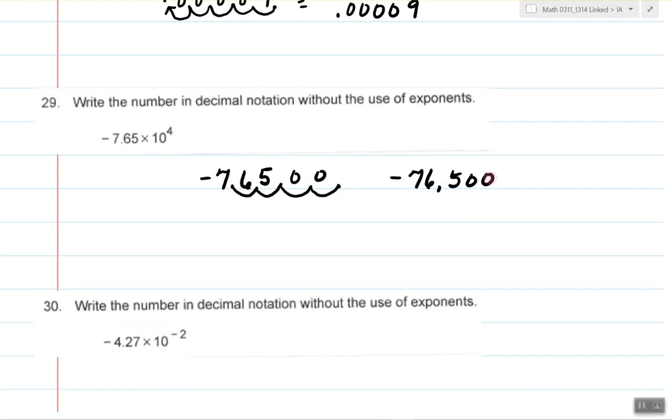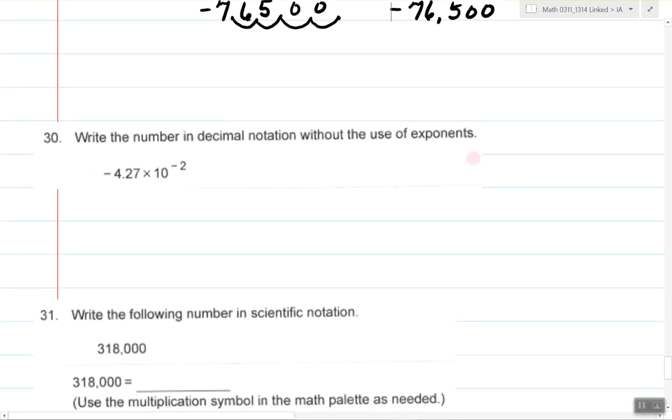So I'll leave it at that. Number 30, negative exponent, which means like it had moved to the denominator. It's going to be dividing by powers of 10. So I have negative 4.27, and we're going to go 1, 2 places to the left. That gives me negative 0.0427.